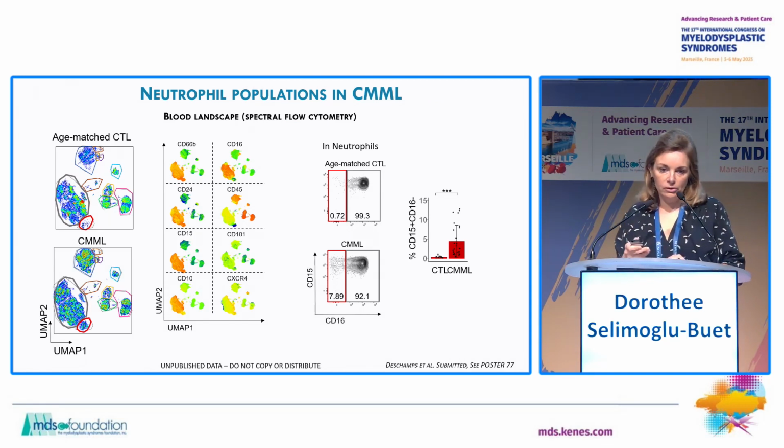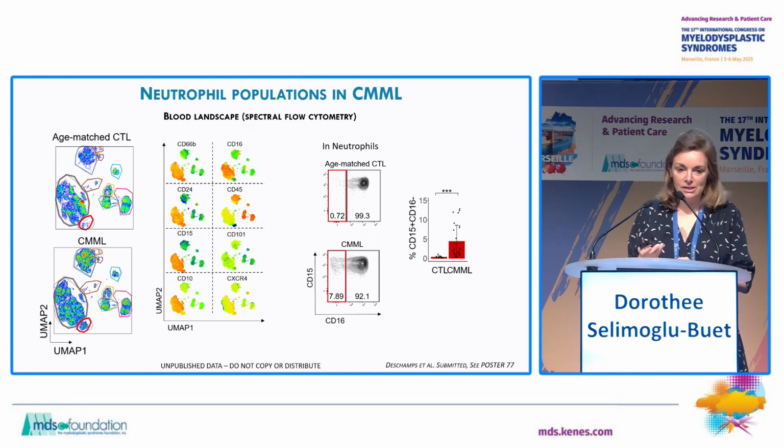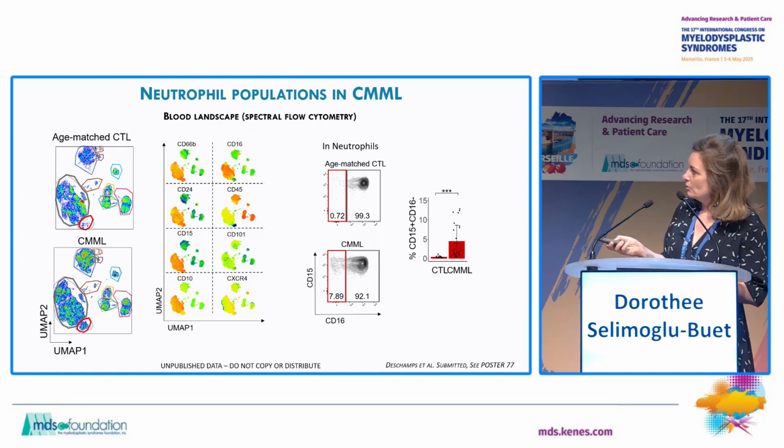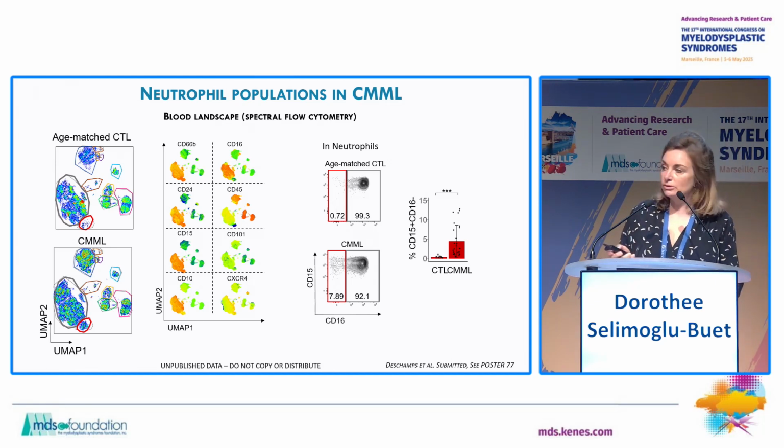So now, for the end of my talk, I would like to move to another population of cells that we find different between the age-matched control and the CMML here. This population belongs to the neutrophil clusters.